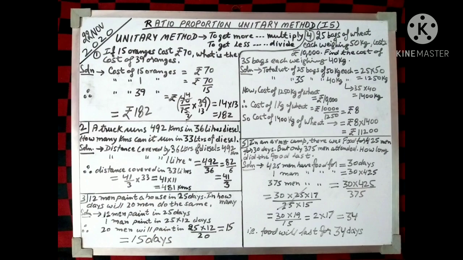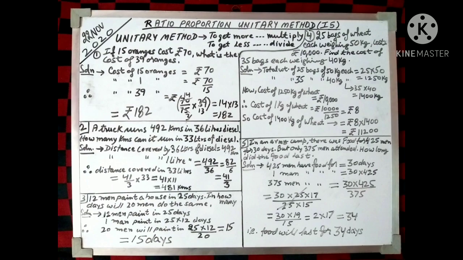A truck runs 492 kilometers in 36 liters of diesel. How many kilometers can it run in 33 liters of diesel? Again we will follow the same system. Distance covered by 36 liters of diesel is equal to 492 kilometers.